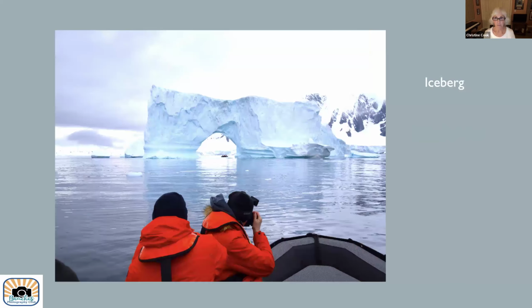Iceberg. Okay. I appreciate that it's very difficult to balance the darks and lights in a photo like this. Bright lights, dark darks, bright reds. It's very difficult to do that. And what's happened is that these whites are very blown out.